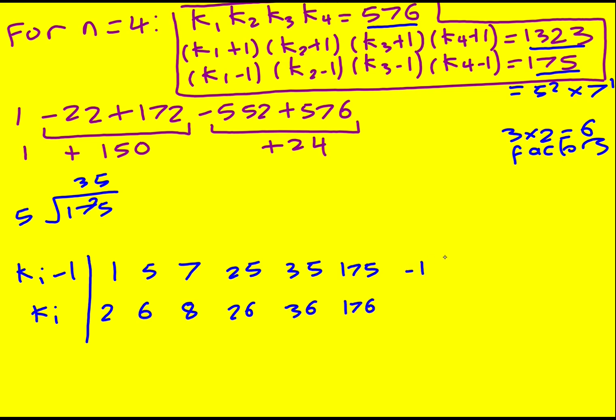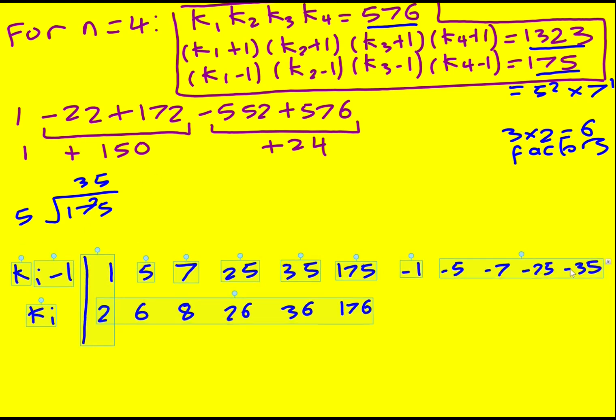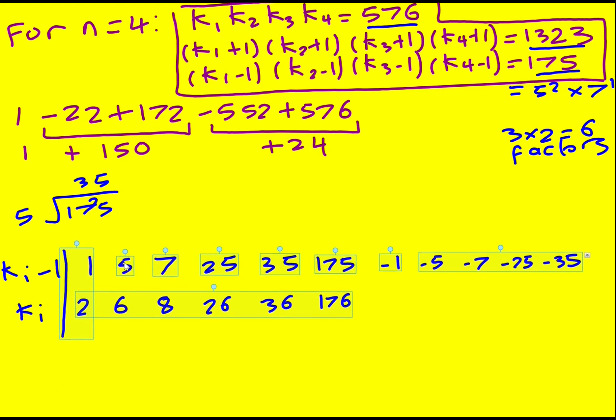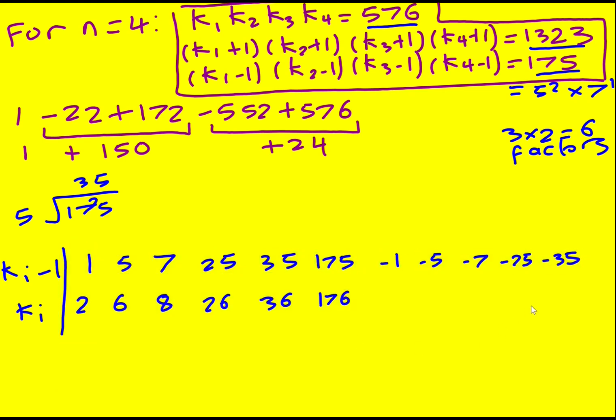Just going to write down the same numbers now, but negatives. Hoping I'll be able to fit all of that in a second. All right, so the last one was a minus 175.